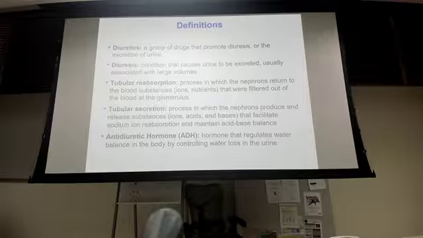The blood at that point in the nephron is able to reabsorb electrolytes, water, back into itself, right? Back into the blood. And then tubular secretion is what? The opposite.